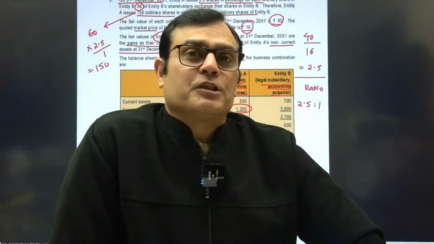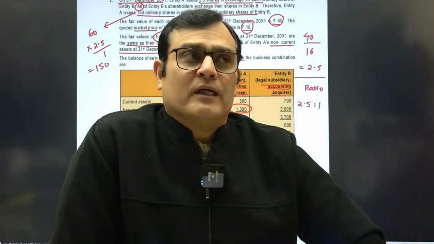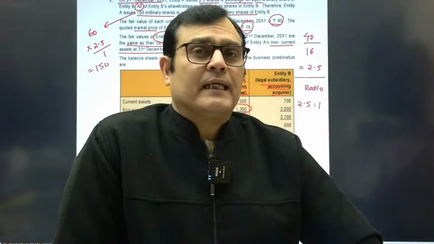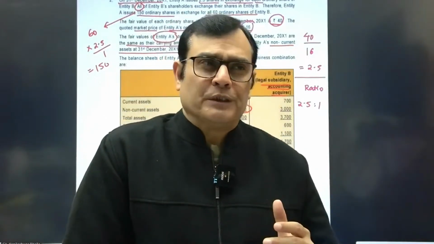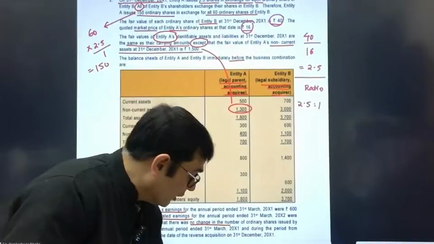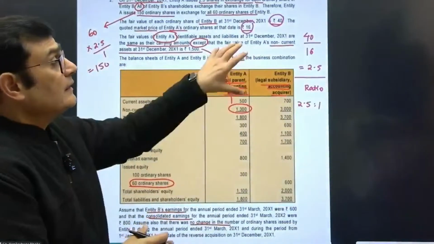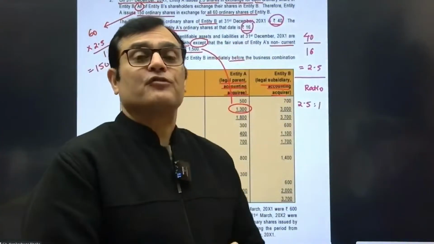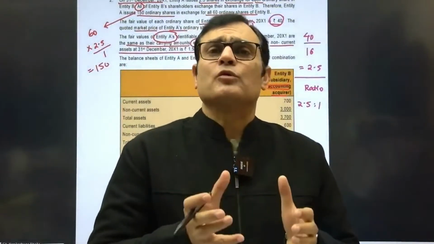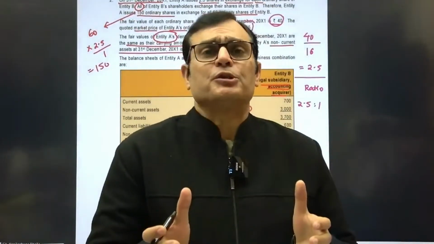Now you would start thinking more: what if the exchange ratio doesn't turn out to be 2.5? Well, of course, the answer 2400 will not match. But in a very idealistic situation, the exchange ratio has to be based on the fact that if the share price of company A is 16 and B is 40, naturally B is going to demand more shares for every one share.